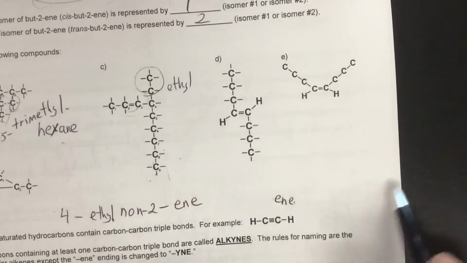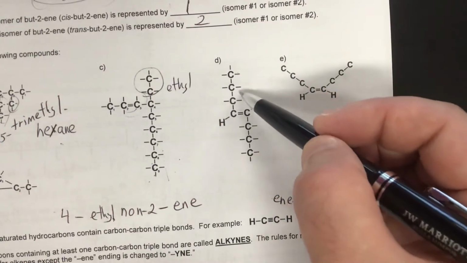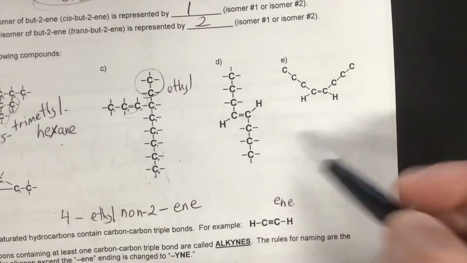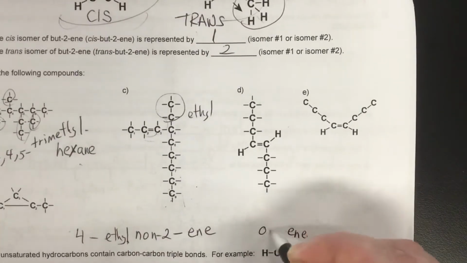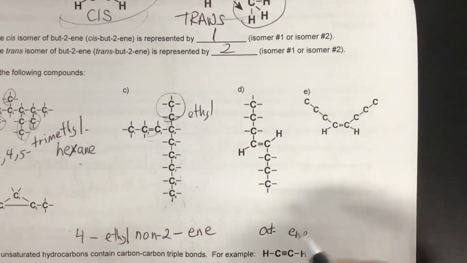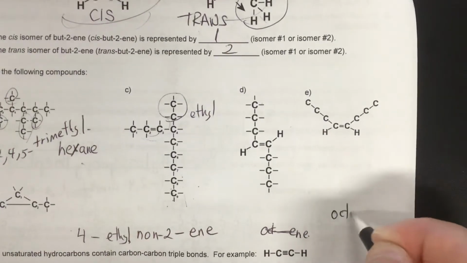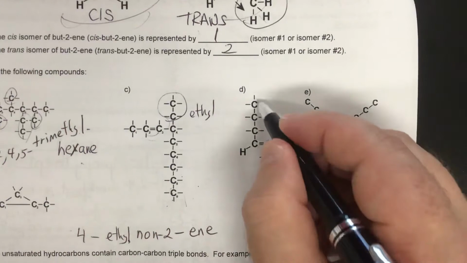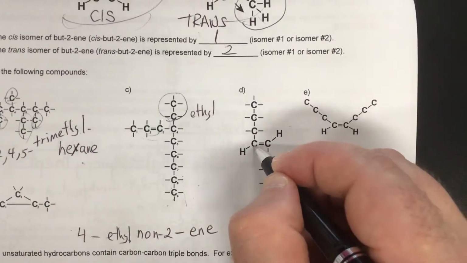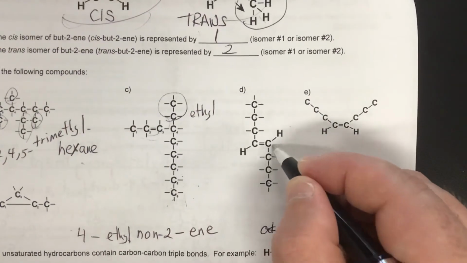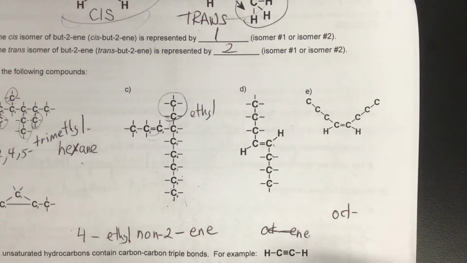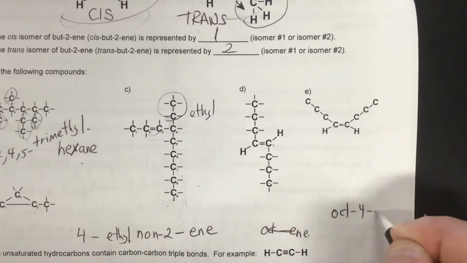Okay, so then the next thing is the length of the carbon chain. 1, 2, 3, 4, 5, 6, 7, 8. It's going to be oct. I'm running out of space. Maybe I'll do it over here, oct. And then 1, 2, 3, 4, or 1, 2, 3, 4. It doesn't matter, it's the same either way. 4-ene.